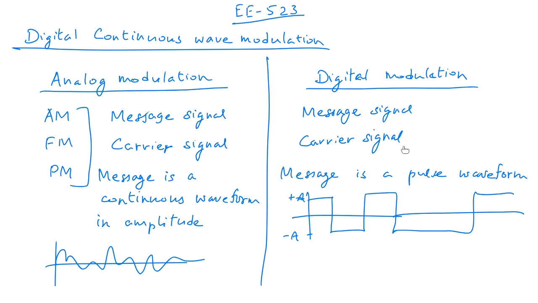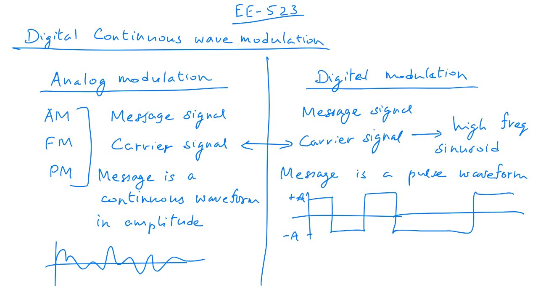So for both of these, the carrier is a high frequency sinusoid. Sinusoid means sine or cosine, or any shifted version of sine or cosine. The carrier remains the same as in analog modulation, and the message signal is now a digital signal.